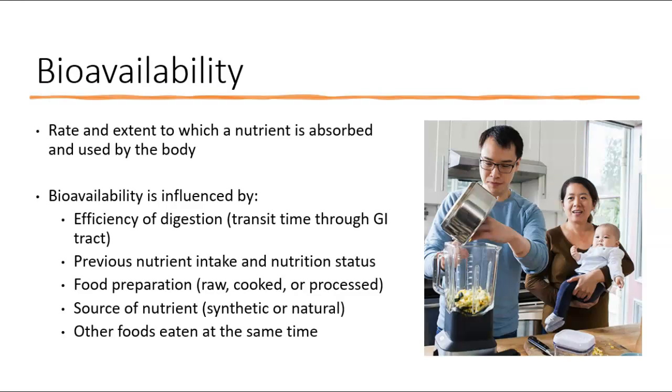Food preparation, if you eat something raw versus cooked or something that's been processed by a manufacturer, raw foods tend to have more vitamins in them because once you do something to that food, it can destroy the vitamin. So cooking destroys vitamins. The processing destroys vitamins. So raw foods tend to have more vitamins available to you.